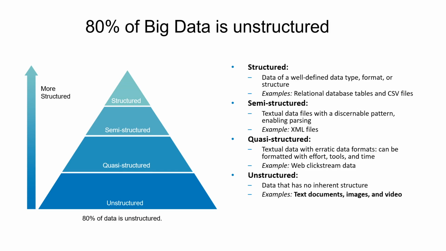The main problem that we have is that 80% of big data is unstructured. What that means is that most of the data that we have is text documents, images, and videos.